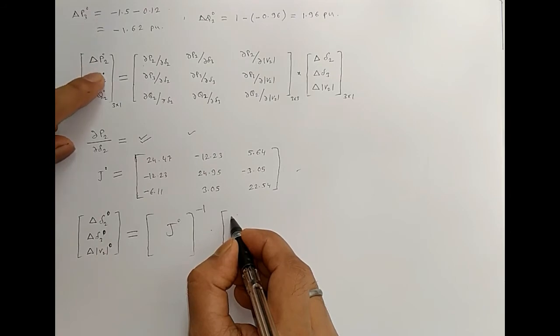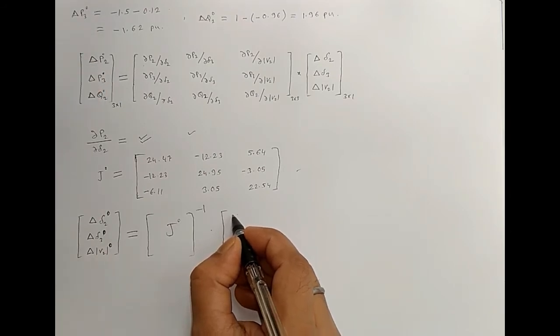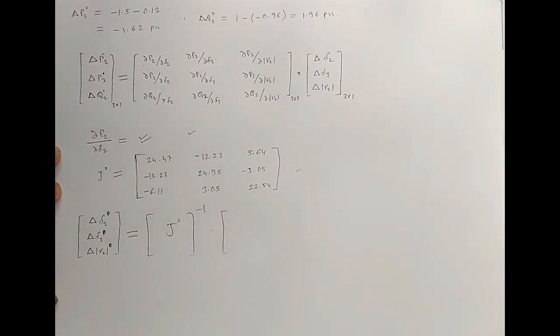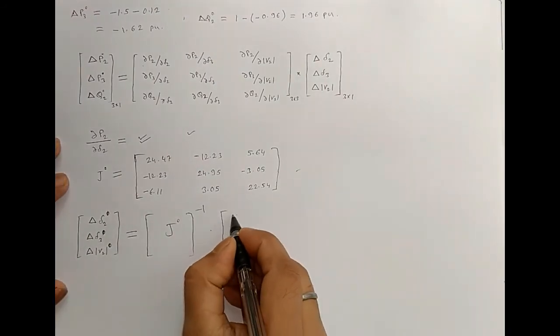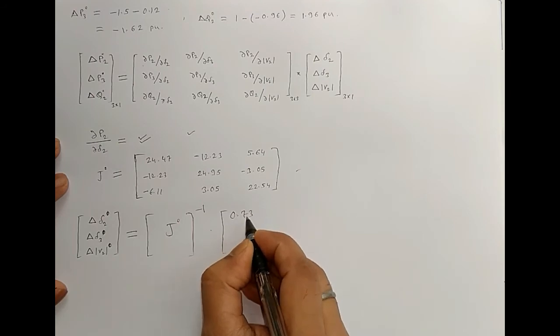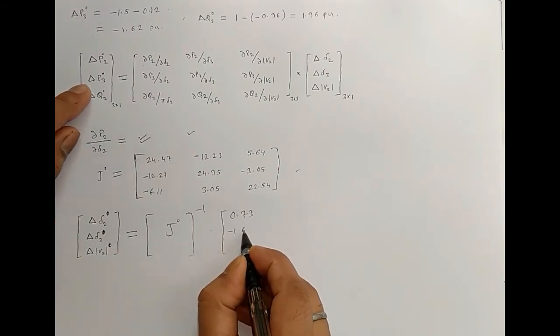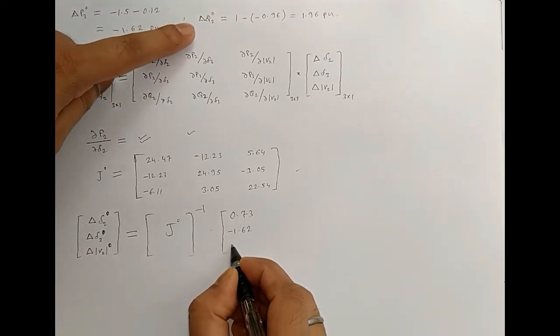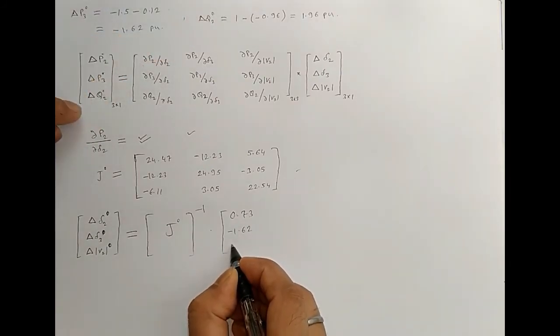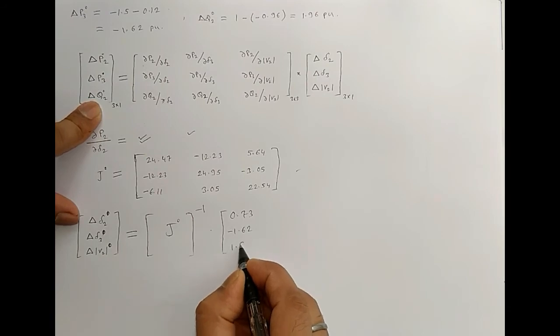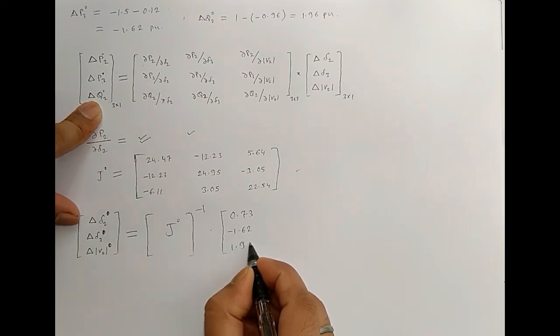This term delta p20 was 0.73, the second term was minus 1.62, and the third term delta q2 was 1.96.